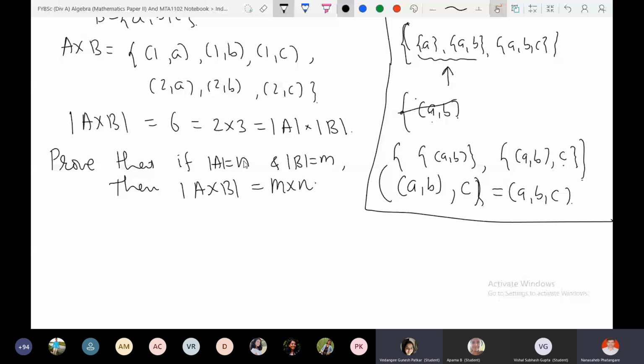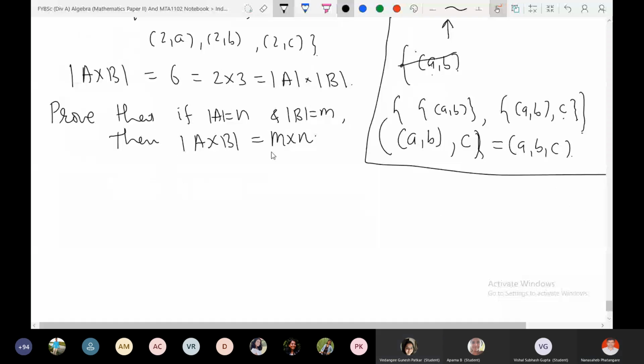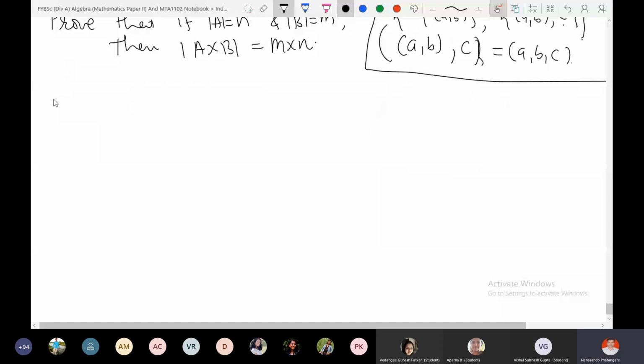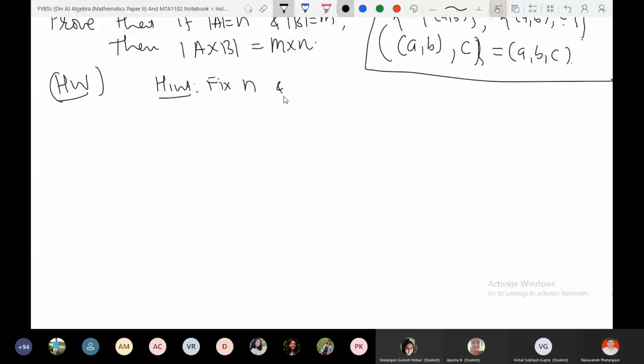This is homework. You think about it and apply induction. How to apply induction? Hint: fix n and apply induction on m.